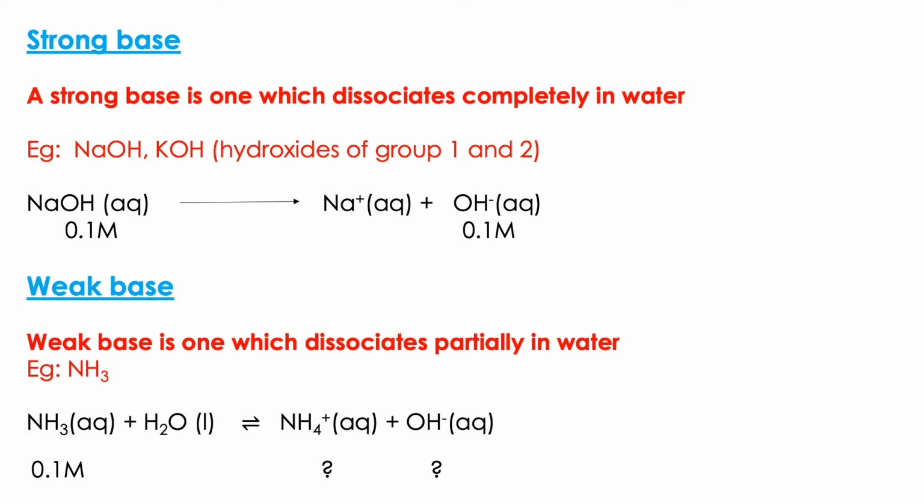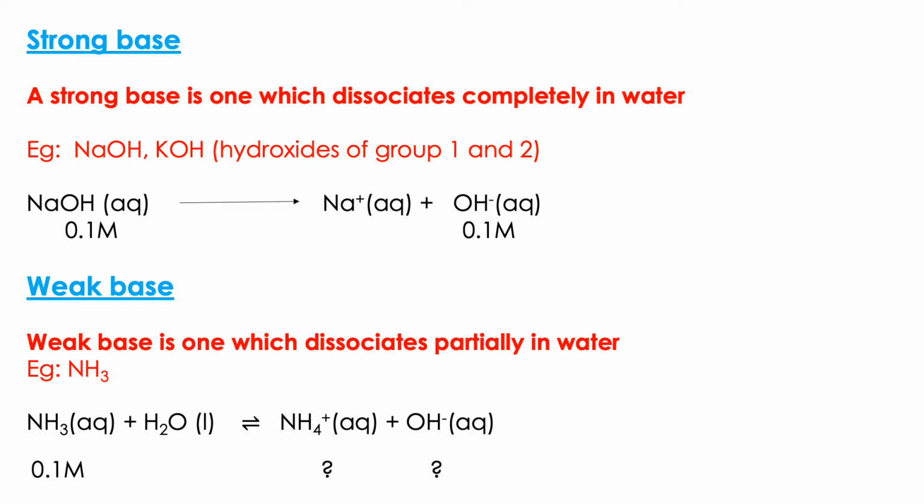Strong base. A strong base is one which dissociates completely in water. Example, sodium hydroxide, potassium hydroxide. Generally, hydroxides of group 1 and group 2 are strong bases. When sodium hydroxide dissociates, it dissociates completely to form sodium ion and hydroxide ions.